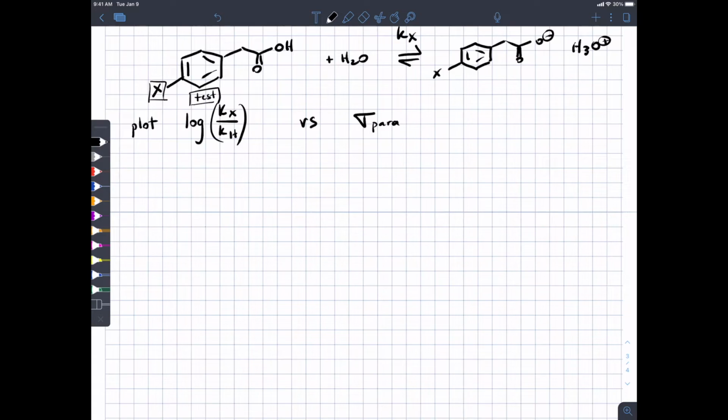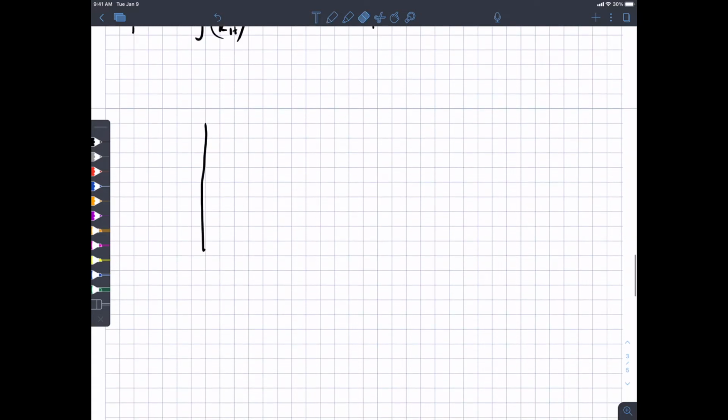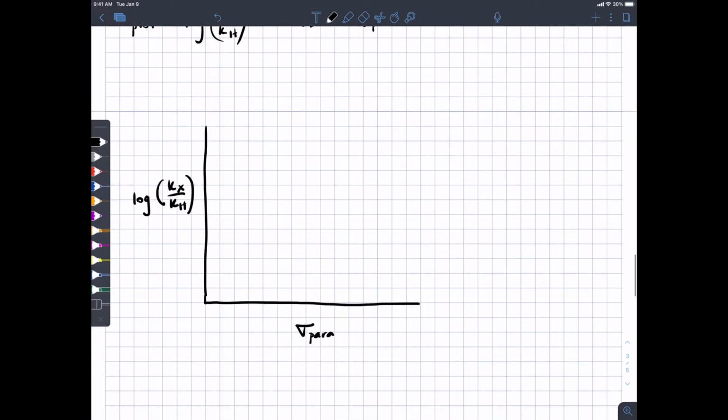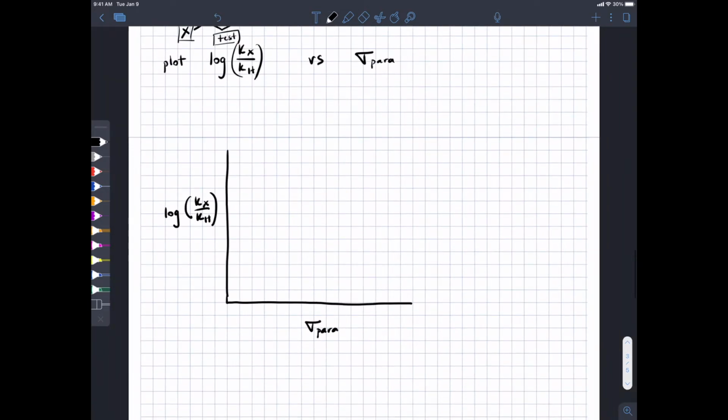Okay? For the benzoic acid reaction, if you plot log Kx for the substituent over Kh, and then here you have the parameter sigma, which we got from the benzoic acid reaction, the slope of that has to be 1, right? Because that's how we got the sigma values.